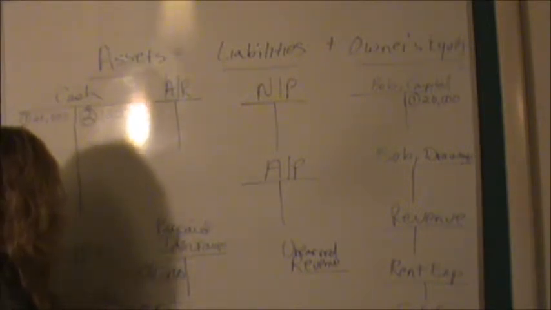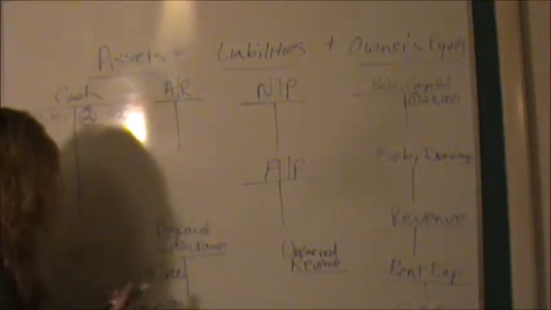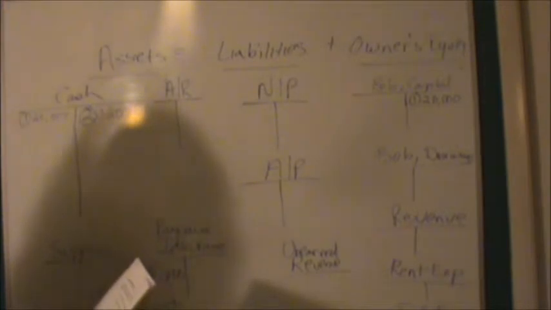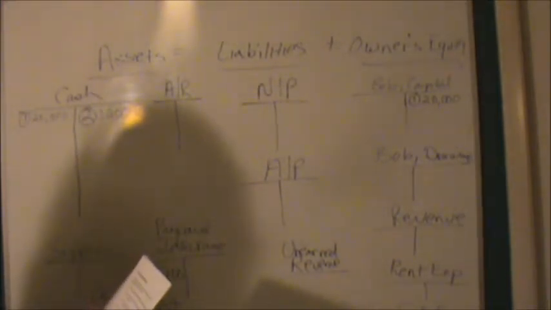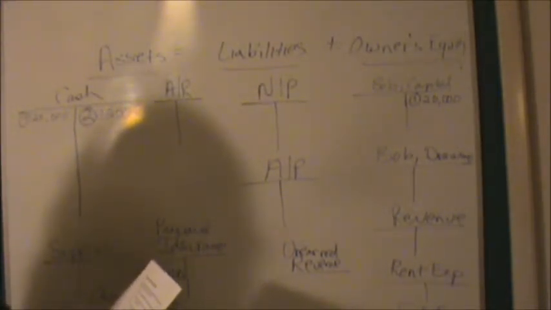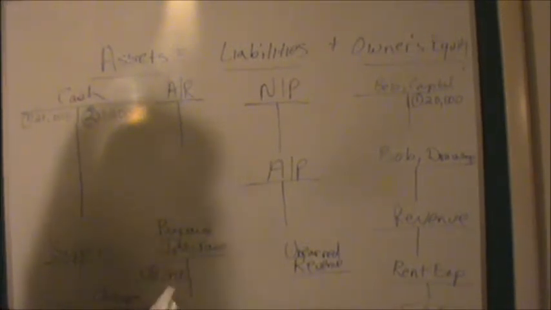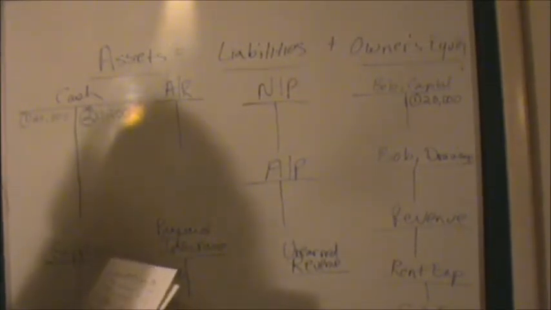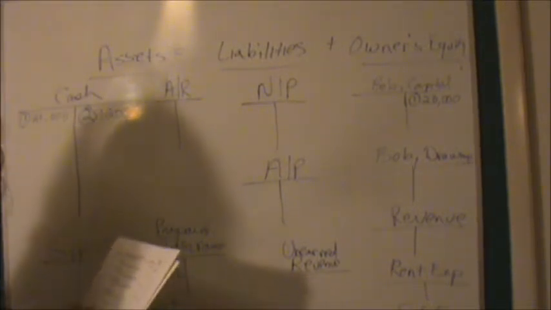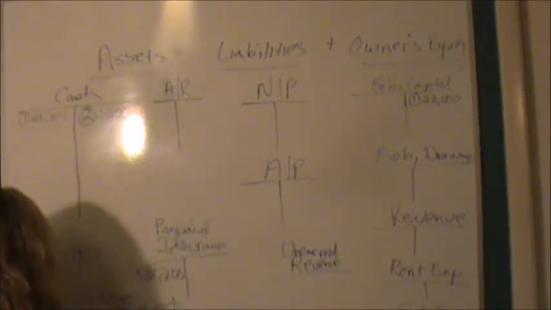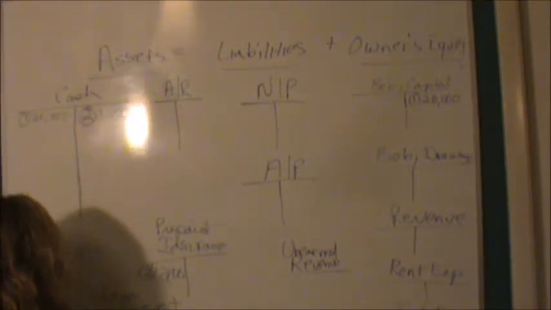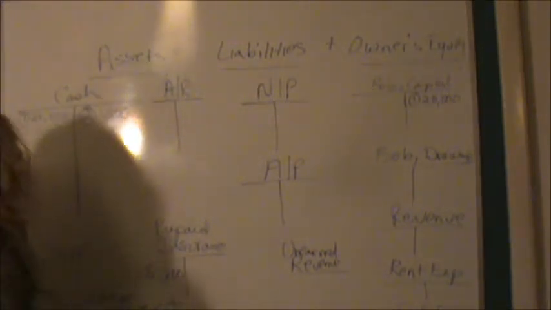Our next item is we purchased office equipment, and the dollar amount that we bought that office equipment for was $5,000. And we bought it on account from B Company. So we didn't pay for this, we bought it on account. So first of all, we're going to go ahead and debit office equipment for $5,000.